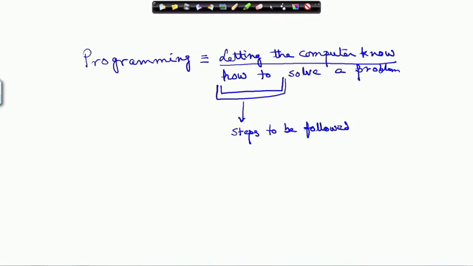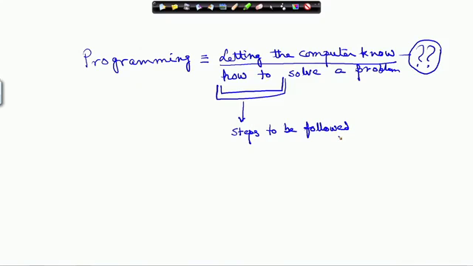I have to be very clear about it, and I have to let the computer know. So, there is a big problem here, how I will let the computer know, I will come to that later. The steps to be followed is what we have to tell the computer. So, in the earlier example we just saw that the steps for finding the mean of 3 numbers are very clearly stated, and I can inform the computer.